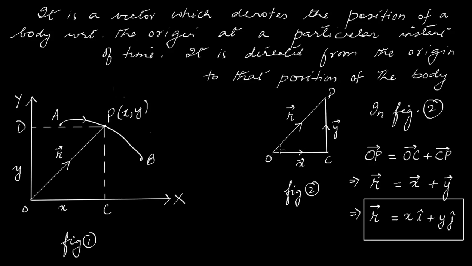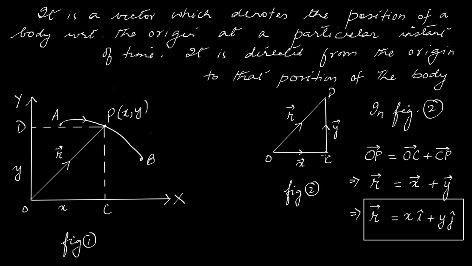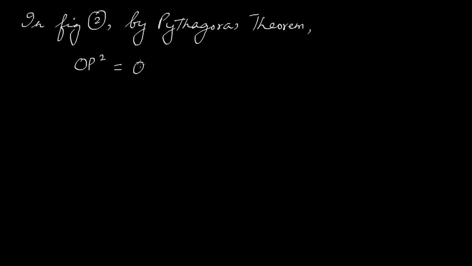Can we say that OP square by Pythagoras theorem is equal to OC square plus CP square?